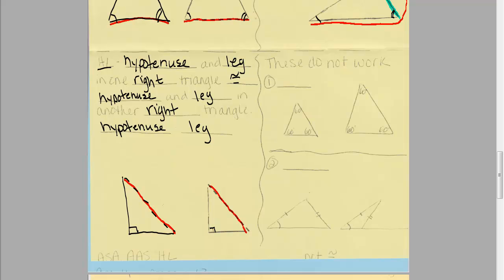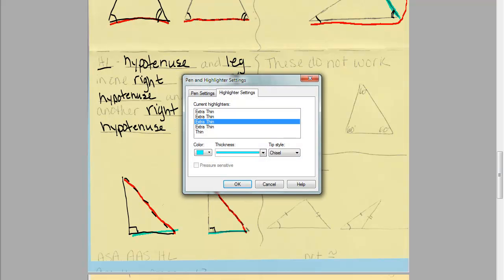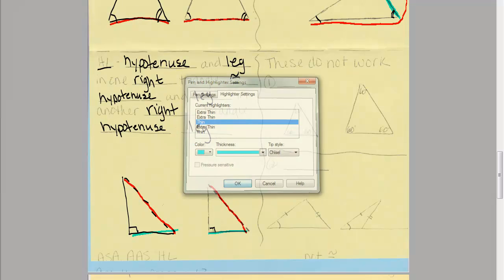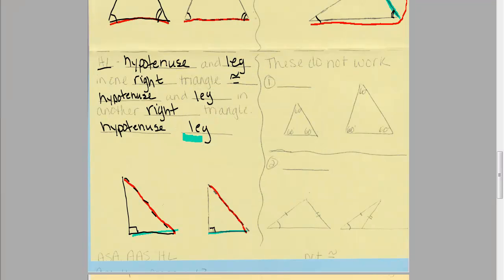I can't see, there we go. So hypotenuse is red, leg is blue. Just knowing that, we know that they both will be congruent. Let me fix the thickness because I have trouble seeing it. So here's the leg, and then the hypotenuse is, of course, the red one.